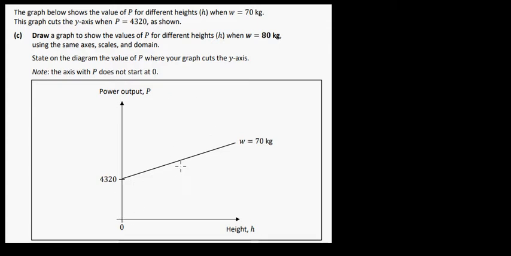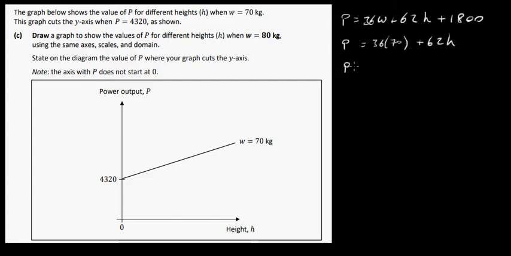Well, let's just have a look at this line here first. Remember we started with P is equal to 36W plus 62H plus 1800, and here W is equal to 70, so 70 times 36 plus 62H. If you multiply 36 by 70 and add the 1800, you'll get 4320.